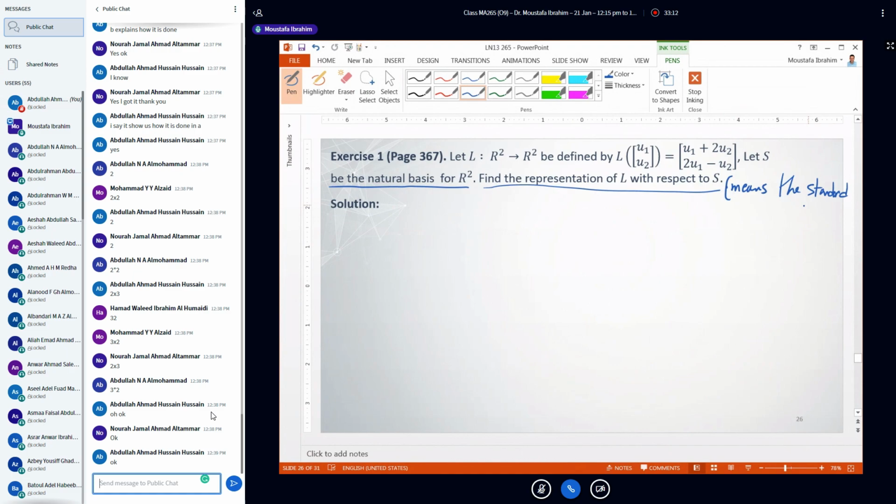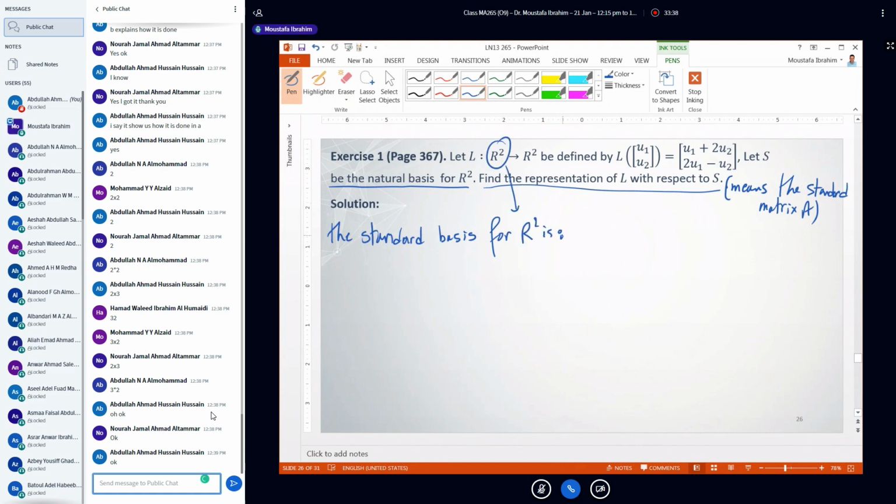So to find A, first we need the standard basis for R2.